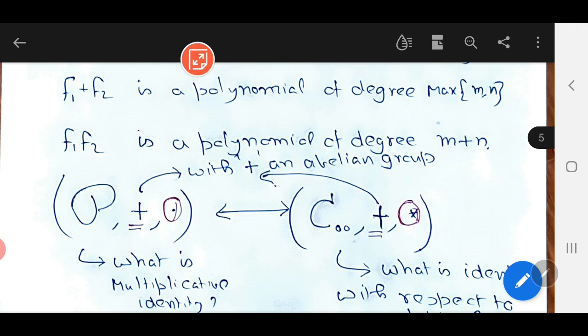Now see, you have two spaces. One is the polynomial space, another is the sequence space. So here, what is the multiplicative identity? You can think, see, addition is not an issue. Whenever you are discussing convolution, you are dealing with linear transformations, because the Fourier transform is a linear transformation, the Laplace transform is a linear transformation, and the Z transform is a linear transformation.